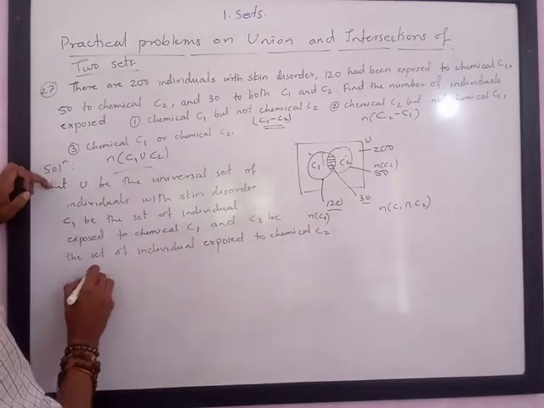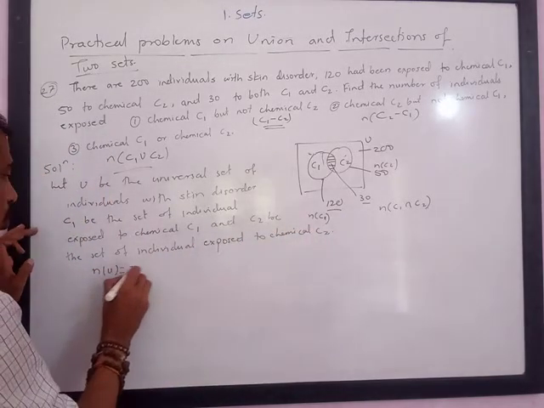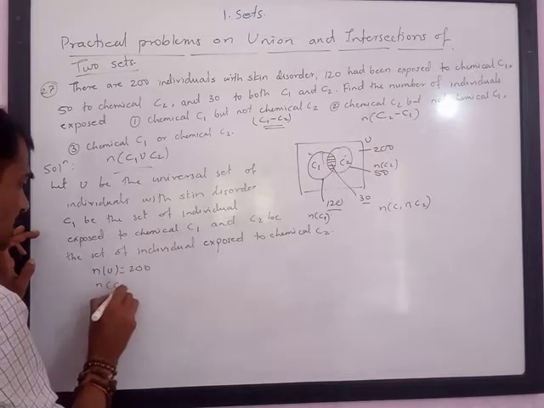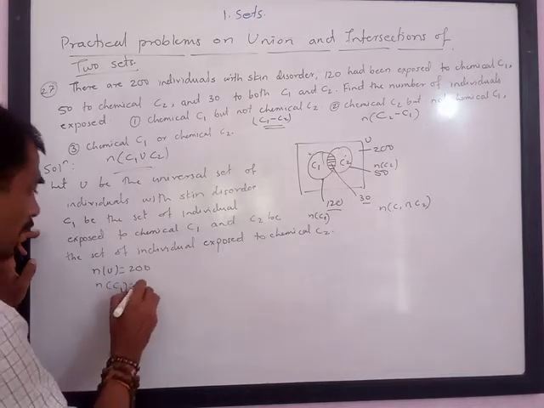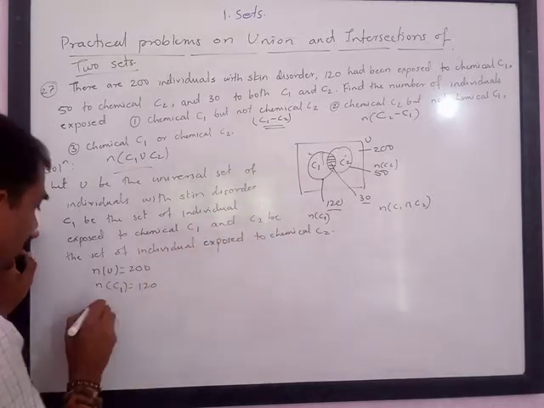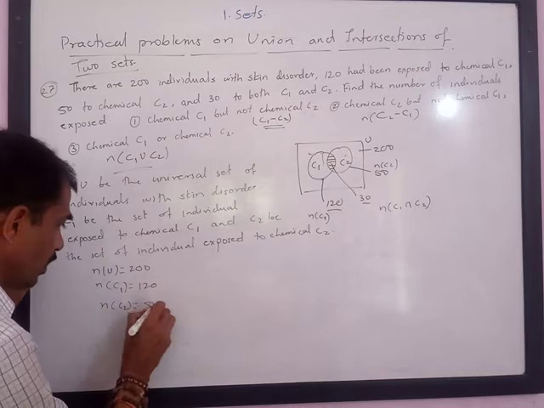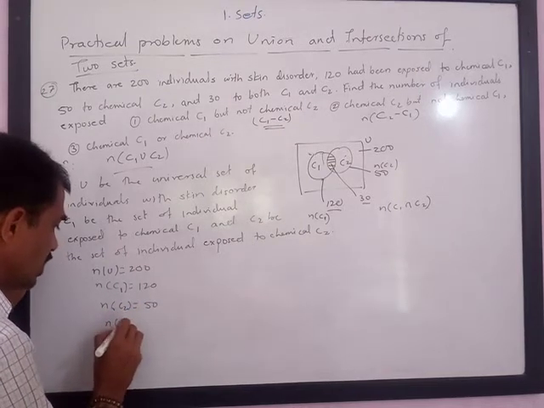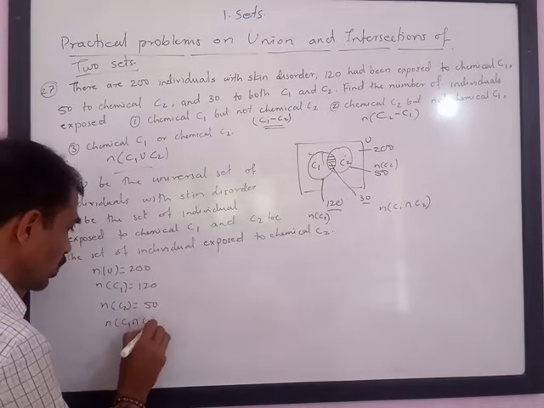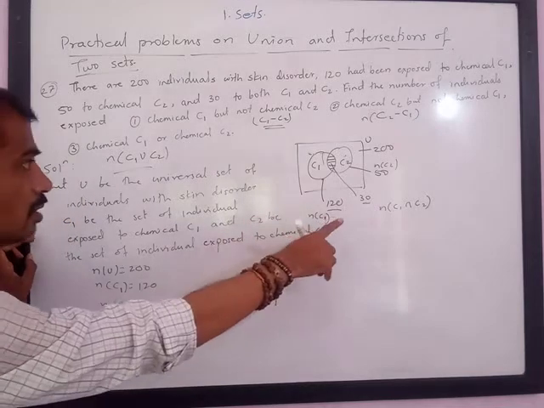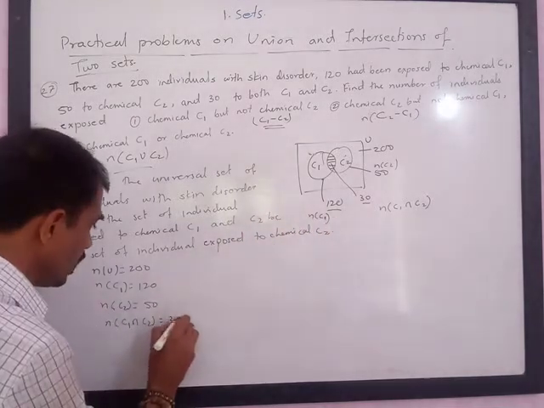We are given that the number of elements in the universal set is 200, in C1 is 120, in C2 is 50, and in C1 intersection C2 is 30.